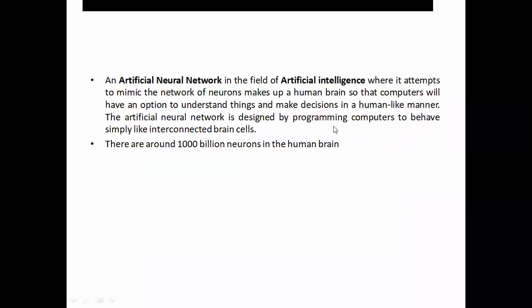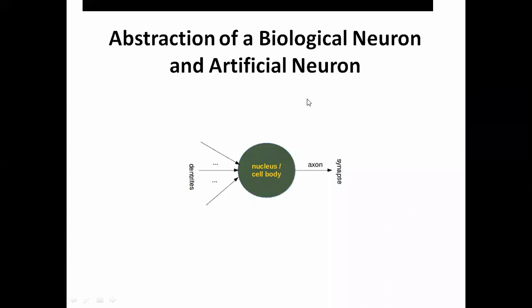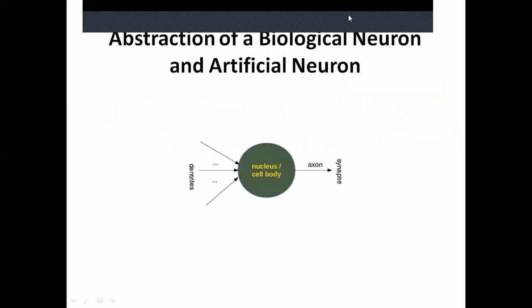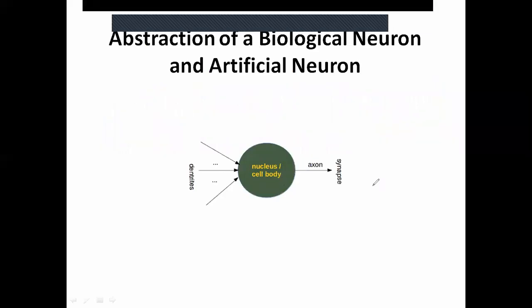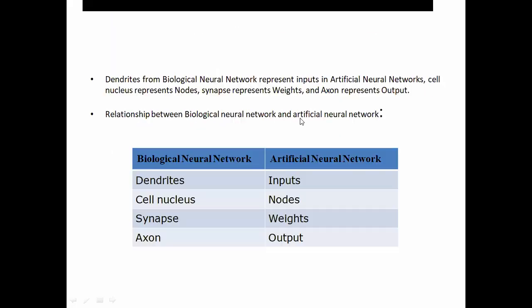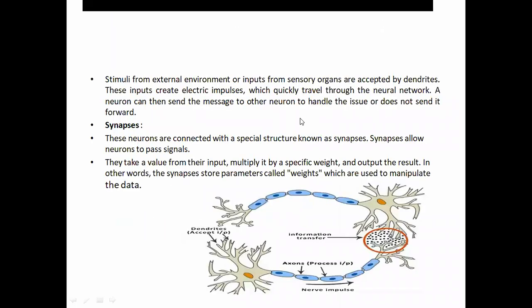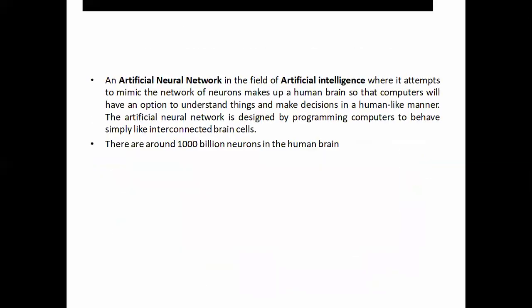So this thing I have told you, it just mimics the network of neurons that make up the human brain. So this is the abstraction. If you want to draw a very simple diagram, you can draw it like this. This is your biological neural network. If it comes in the exam, you can't draw the detailed diagram, so don't draw that one, you can do this one.